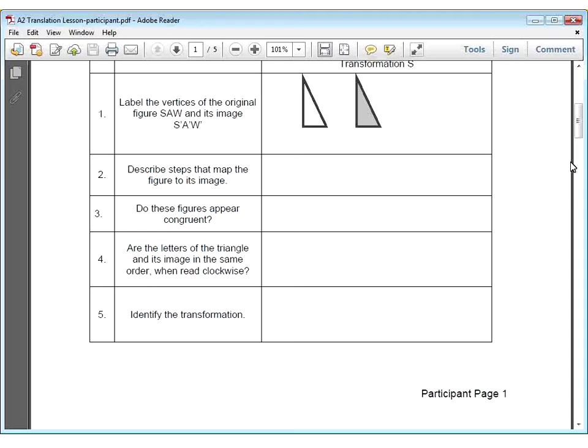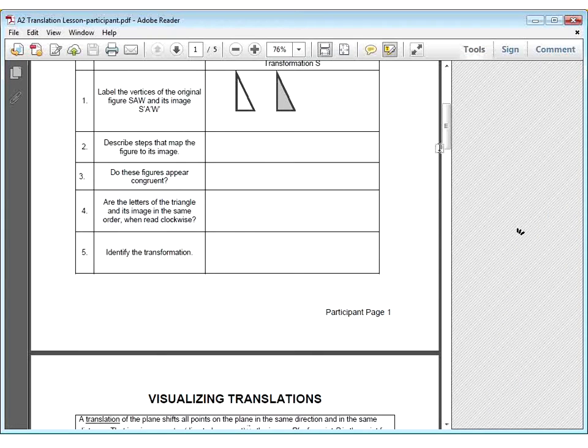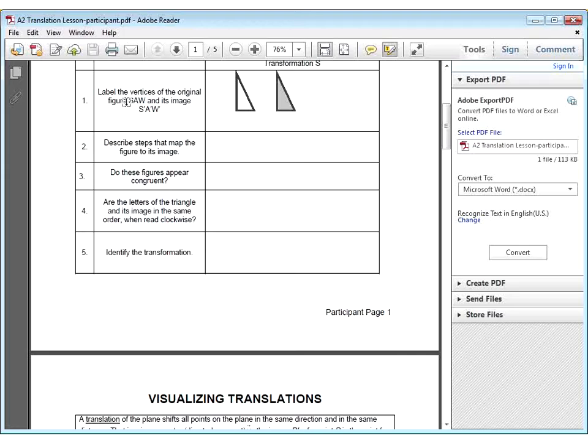When you labeled it, did you label them in the same order? You should have. So the top point right there is going to be the same as the other top point, and that's what we want.